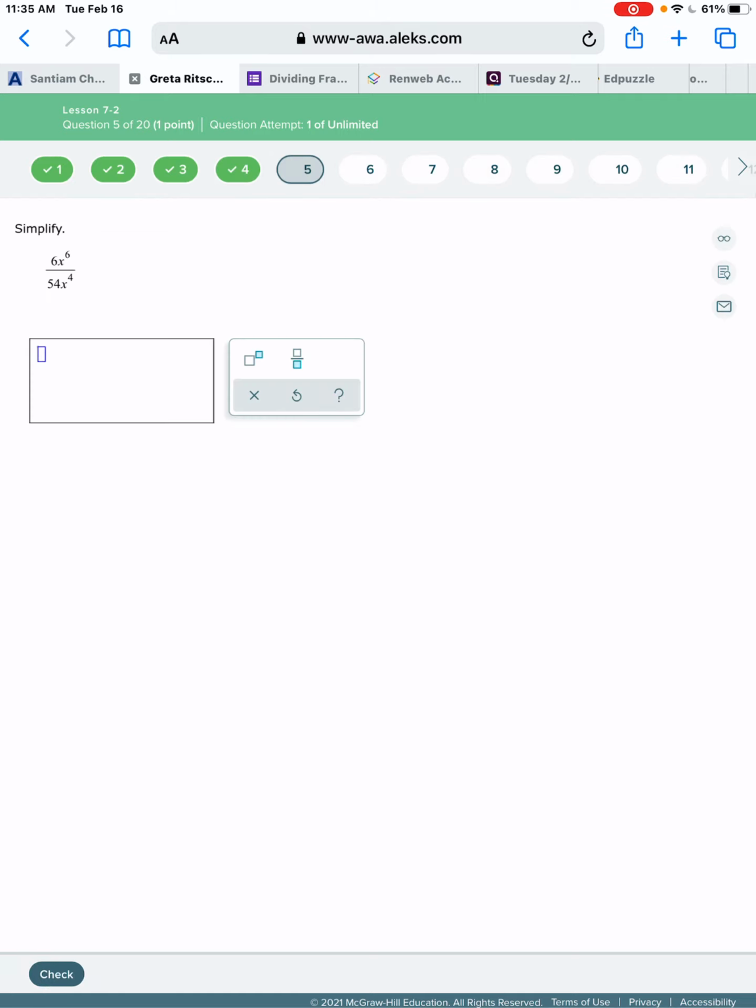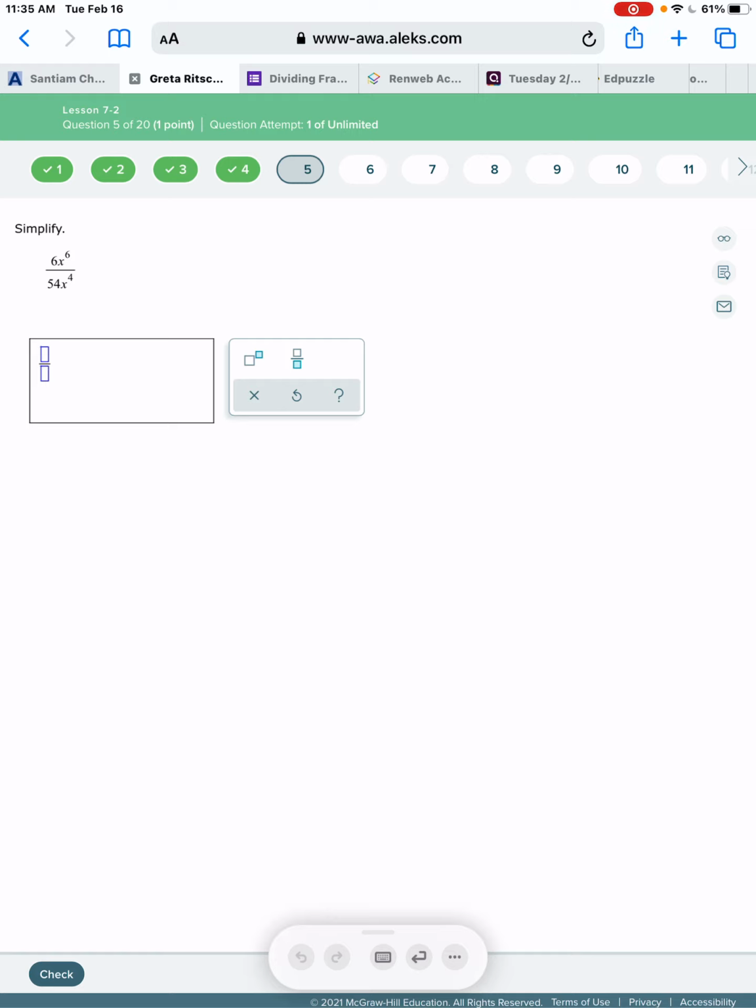Number 5. 6x to the 6th over 54x to the 4th. So I am going to be simplifying 6 over 54. And 6 goes into 54 9 times. So there's really a 1 on the top and a 9 on the bottom. I don't have to put the 1 on the top unless I don't have anything else to put on the top.